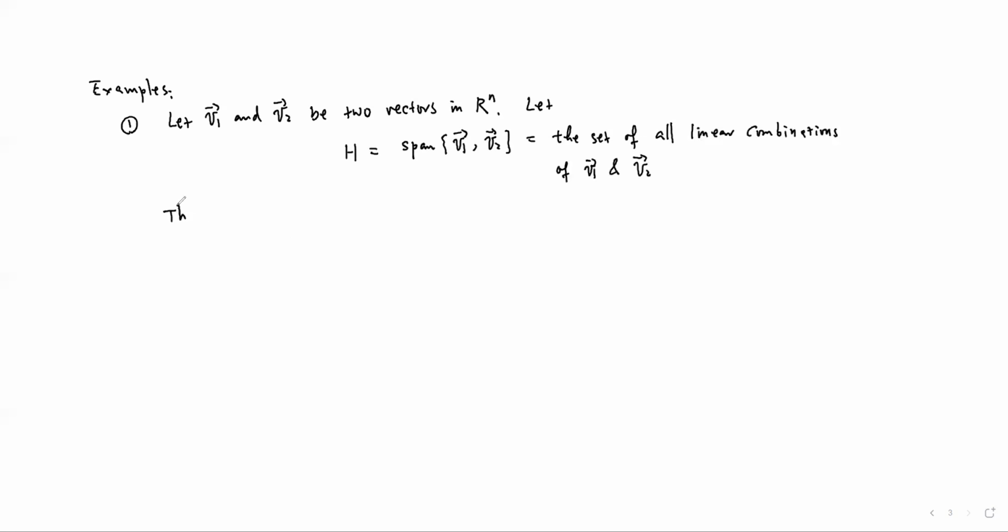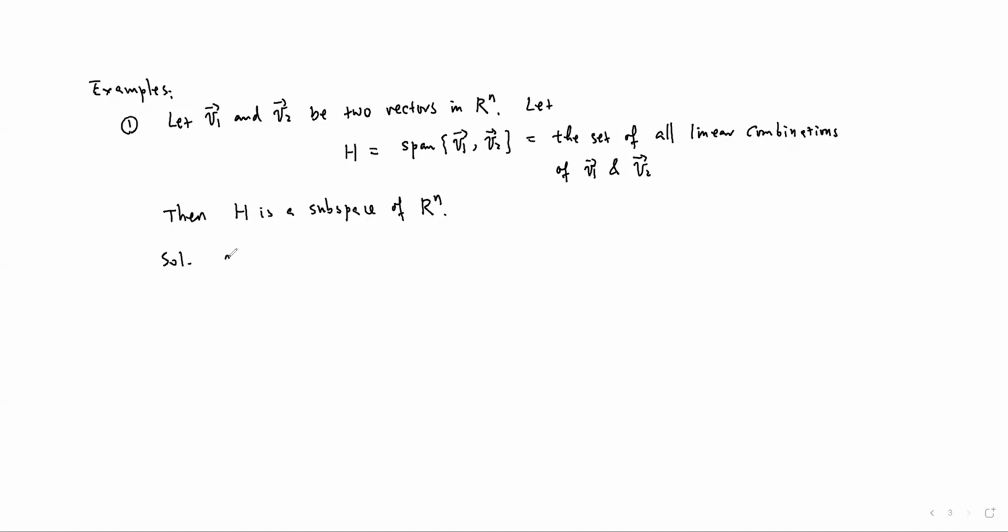Then this H is a subspace of Rn. How to see this? Go back to the definition. We need to show that this set has the three properties. So why H is a subspace of Rn?